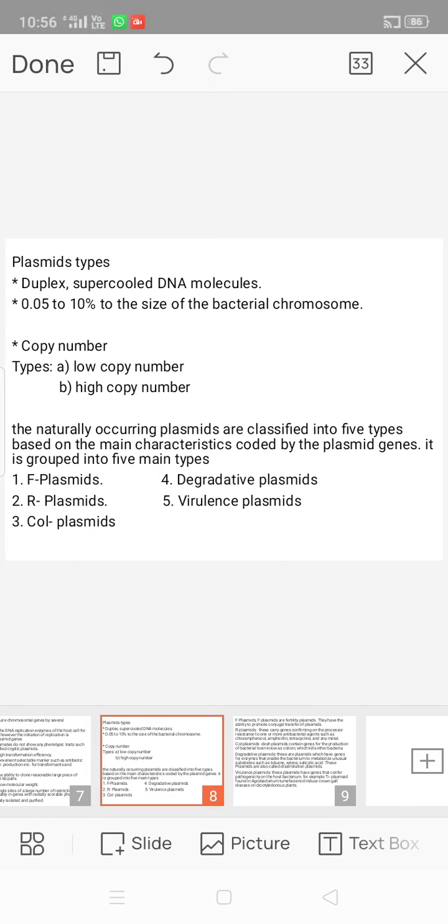The low molecular weight of plasmids has certain advantages, and the number of copies of a plasmid in a cell is referred to as copy number. When there are one or two copies, the copy number is called low copy number.